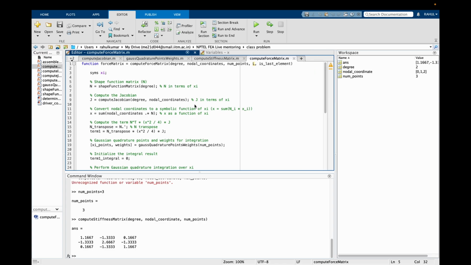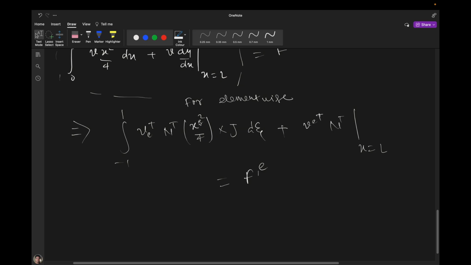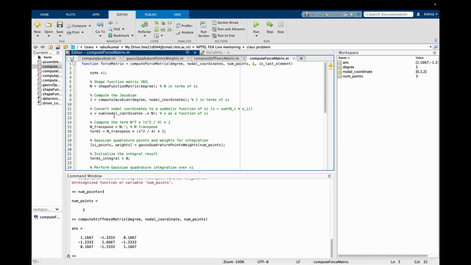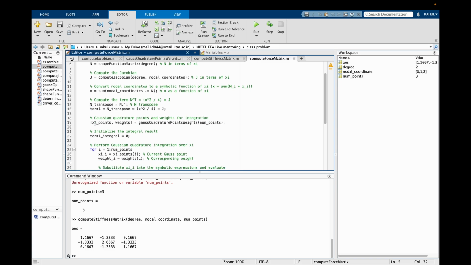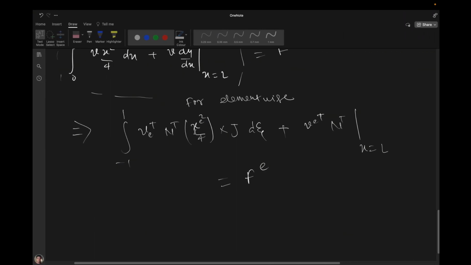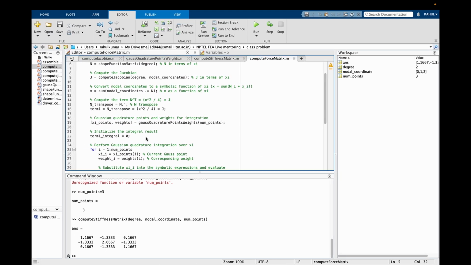Now you will see that every time I have to write the N matrix and J matrix, and x is nothing but the coordinate. N transpose we need. Term 1 is nothing but this one, N transpose x square by 4 into Jacobian.